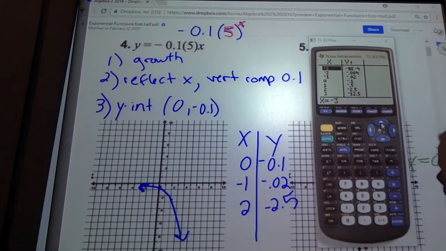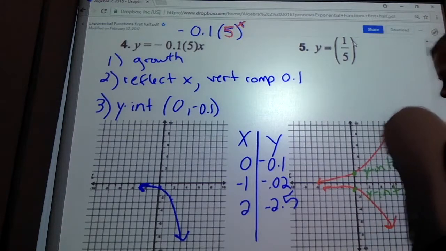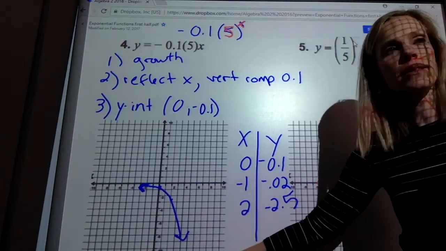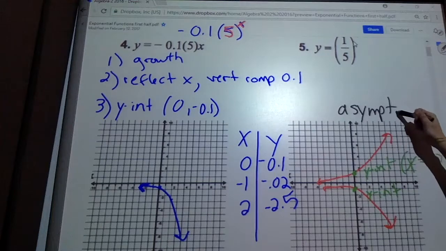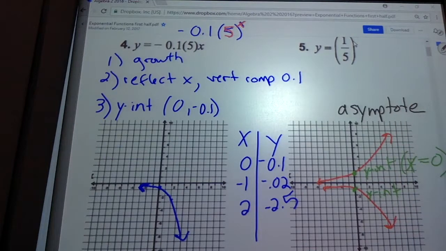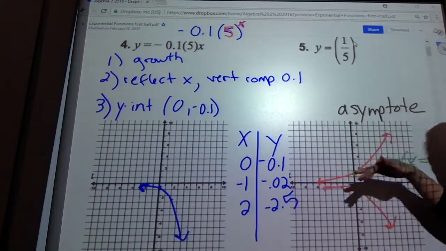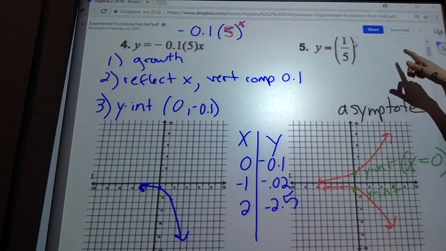Now I want to take another kind of time out and explain something to you. When we are graphing exponential functions, we have what's called an asymptote. An asymptote is a line on a graph that your graph will get closer and closer and closer to, but never touch. So if you notice on a growth, it starts along the x-axis and then blows up.